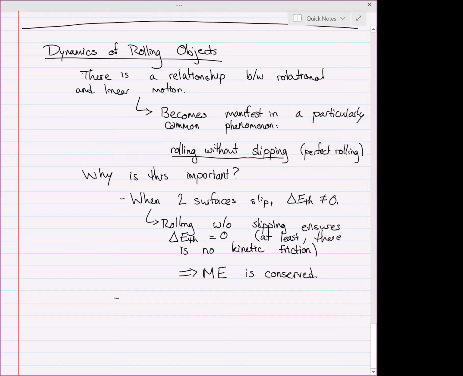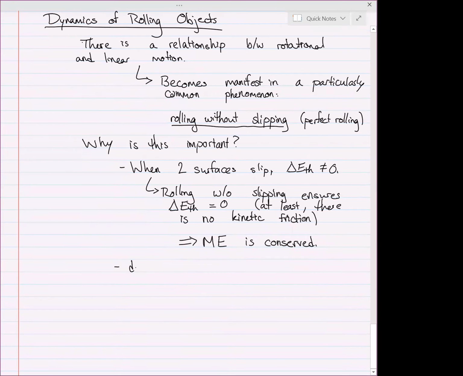The other reason why it's important, and then I'll end today's lecture just after I draw a thing, is that the distance traveled is related to the total angle rotated.